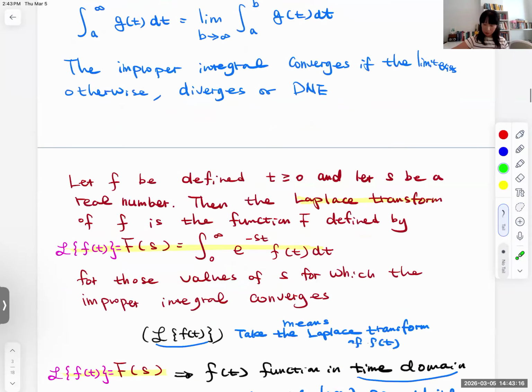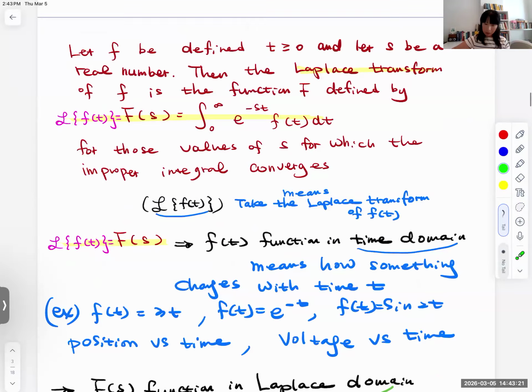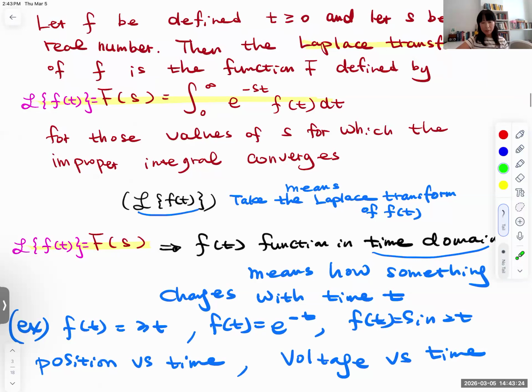Now, this is brand new. Let's take a look. We have the function f in terms of time t, where t must be greater than or equal to 0, and s is a real number. So we are using the notation t as time and s as a real number here.